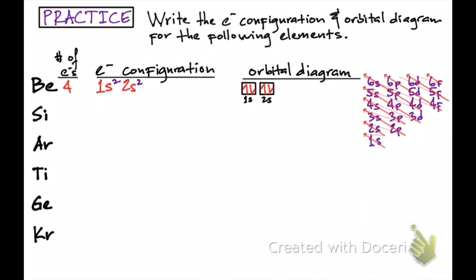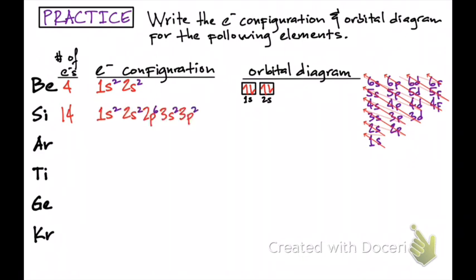So silicon in the periodic table is number 14, and so it has a total of 14 electrons. And so now we have a total of 14 electrons to distribute. And so you would start off with 1s, and then 2s, 2p, 3s, 3p, 4s, and then start filling with electrons until you run out of electrons to fill.